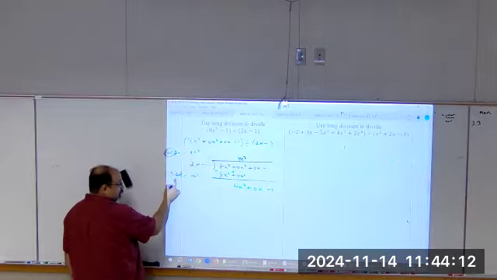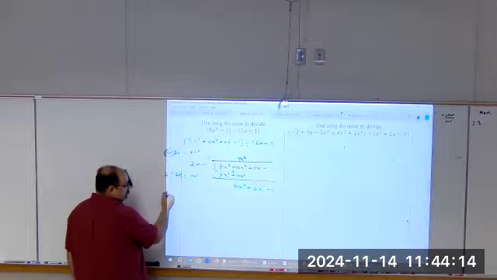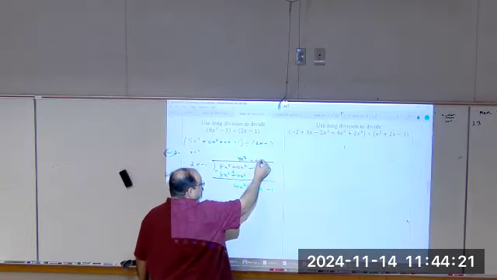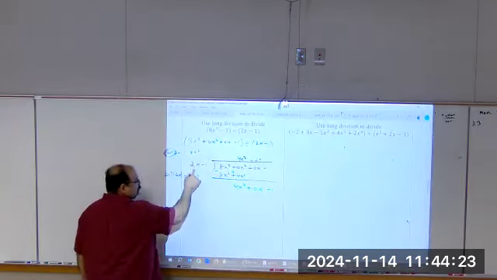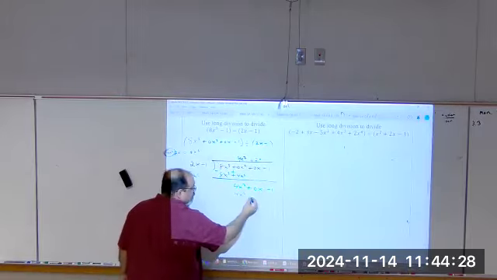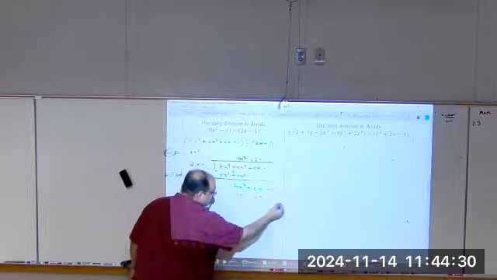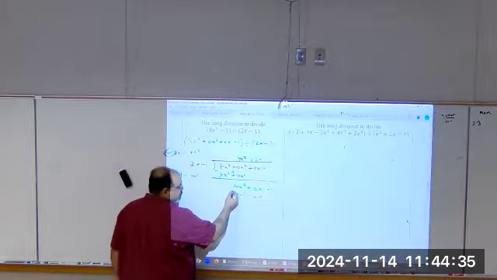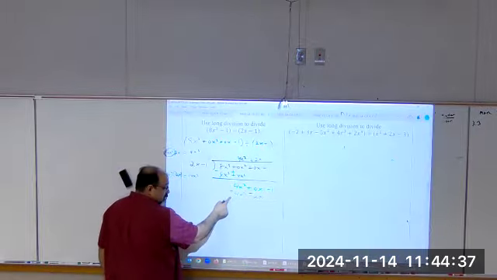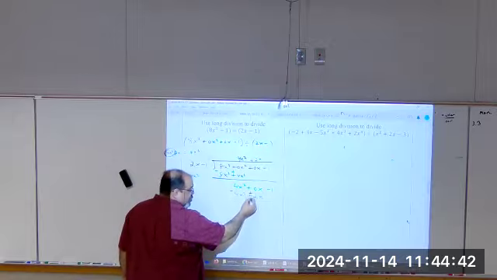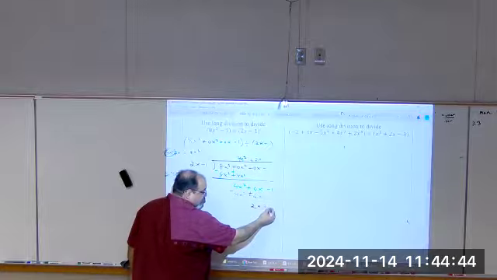To make 4x squared with a 2x, I need a 2x. 2x times 2x, there's my 4x squared. 2x times negative 1 is negative 2x. And then we subtract. There's my 0, like it's supposed to be. 0x minus a negative, that's a positive 2x. Minus 1.